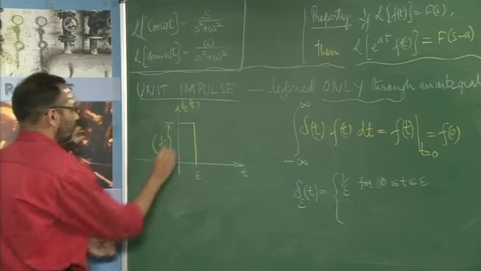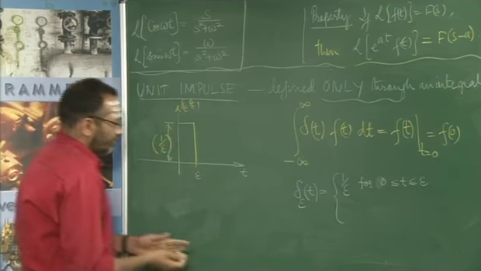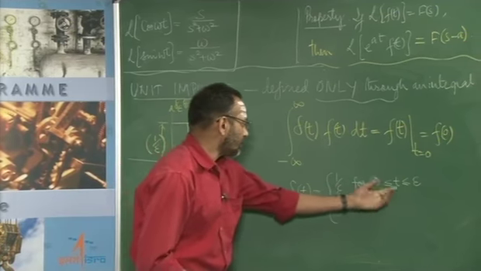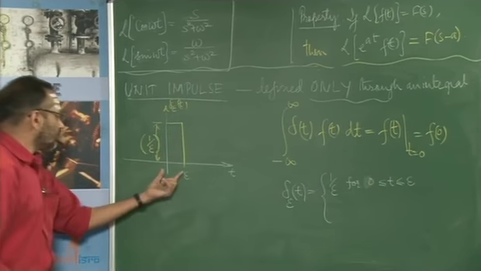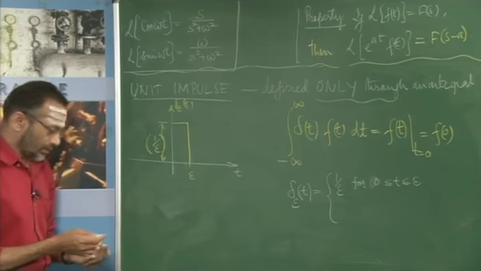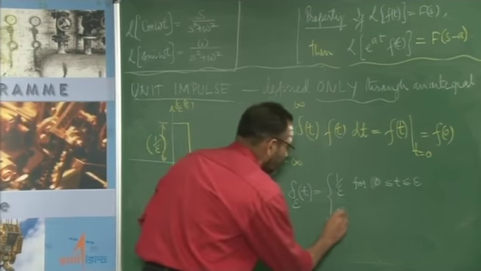So, please observe what I have done here. I have said that it is 1 by epsilon for t in the interval 0 to epsilon, and it is 0 otherwise.